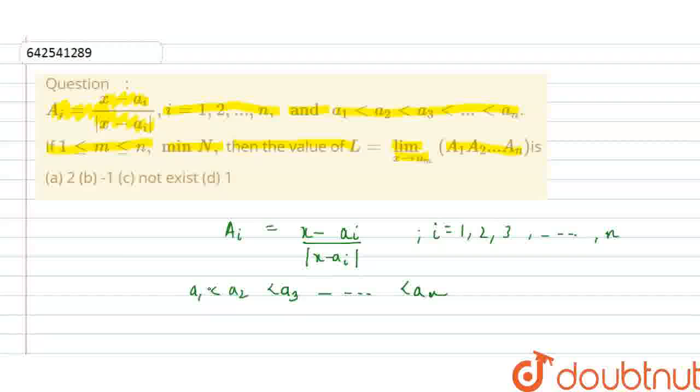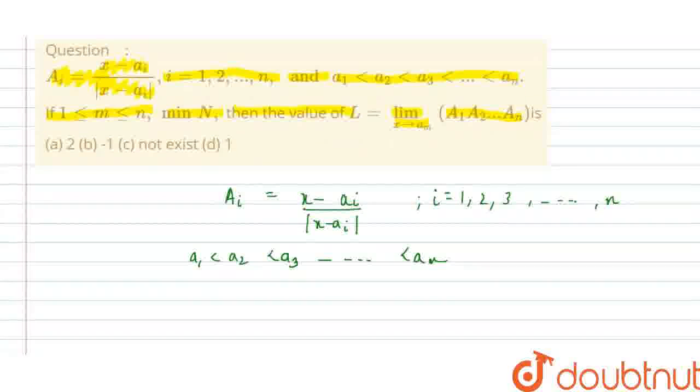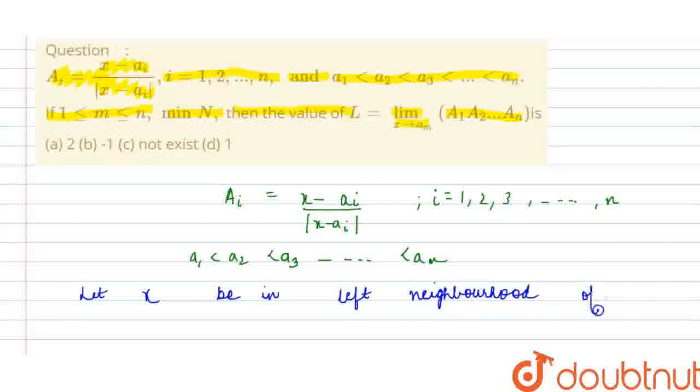Now, proceeding forward. Let us assume that this x is in the left neighborhood of am, that is small am.